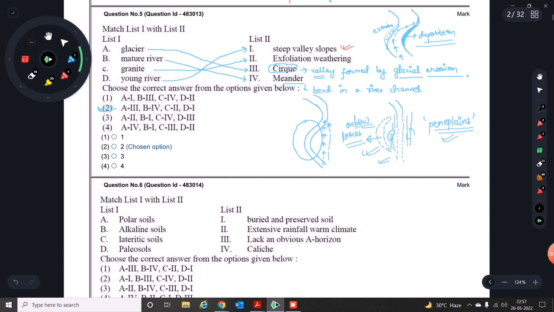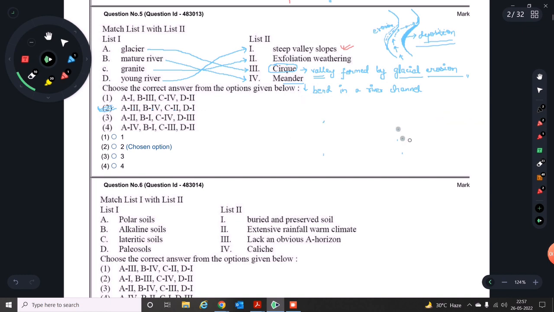So the deposition has taken place, sediments are deposited here around this river channel. So this is all about meandering rivers and their morphology. We'll discuss these in detail when we study geomorphology. I'm trying to just cover as many basic concepts while solving questions.